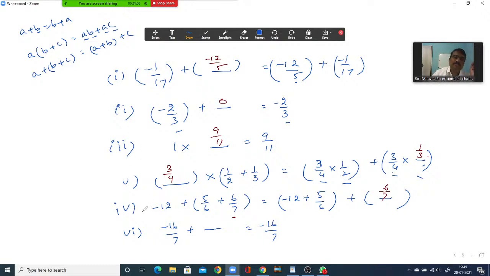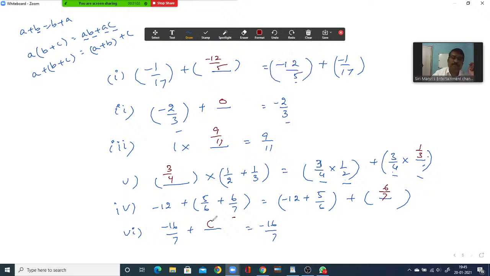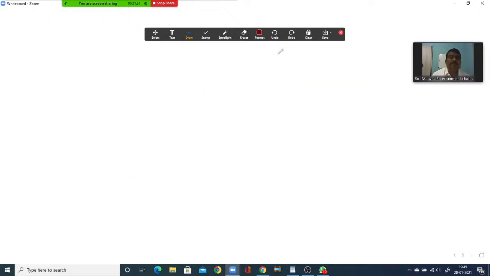No doubt, it is 0. So that's why I'm going to put 0 in this dash. So in this way, minus 16 by 7 plus 0, the answer has come. So in this way we have finished the first, second, third and fourth.